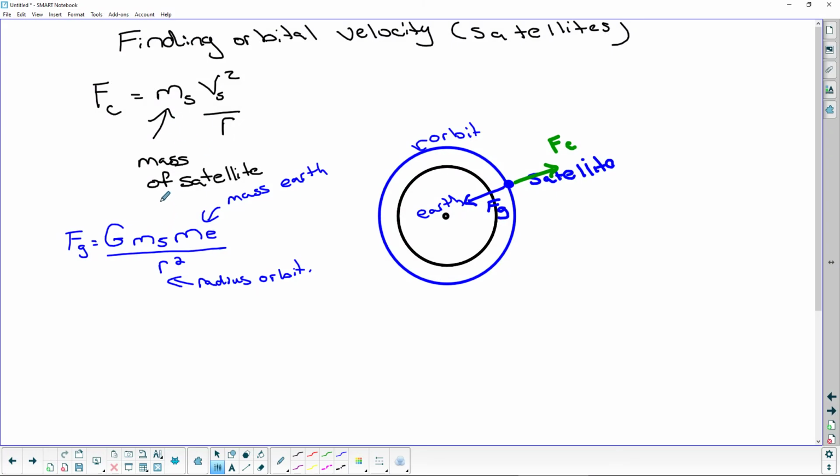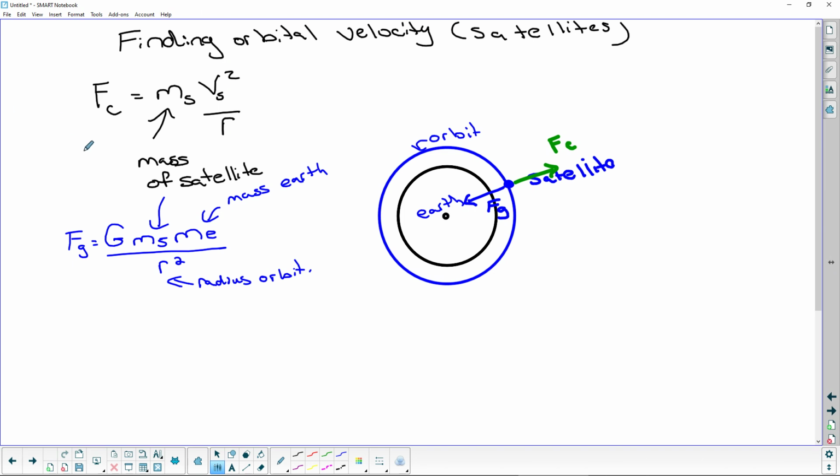It's the same for both of those. So you can see that the mass of the satellite won't affect its orbital velocity at all, which is what we're going to solve for by equating these two equations together and rearranging it and seeing what we get.